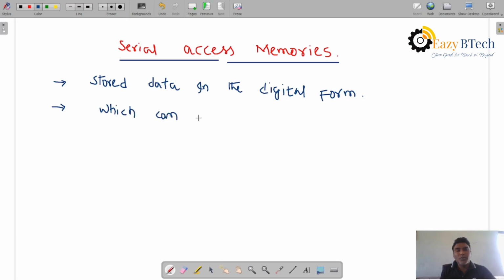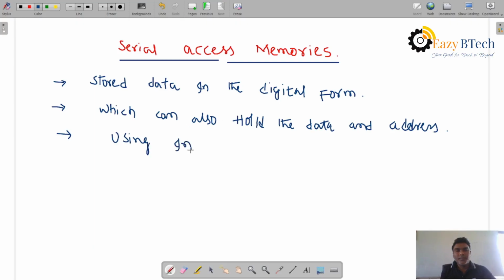It is used in ROM, read-only memory, and flash memory.